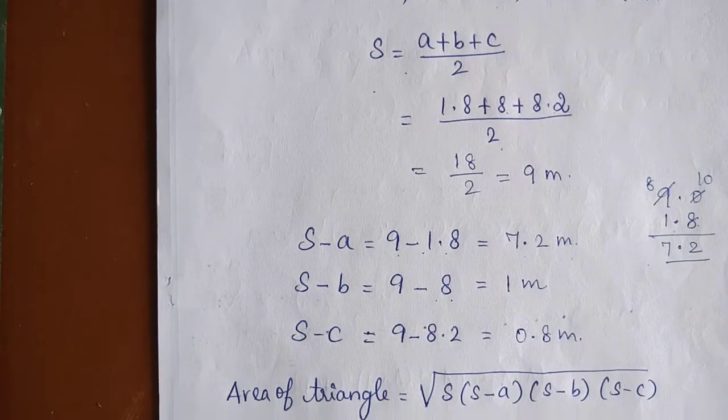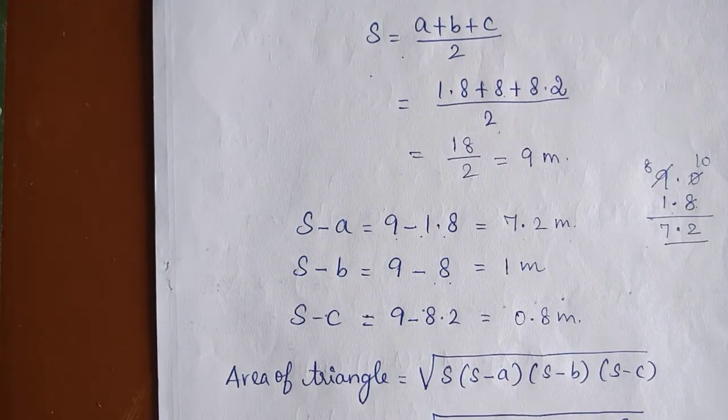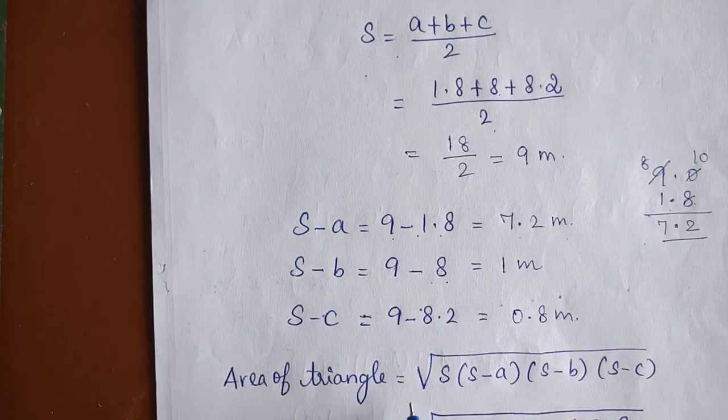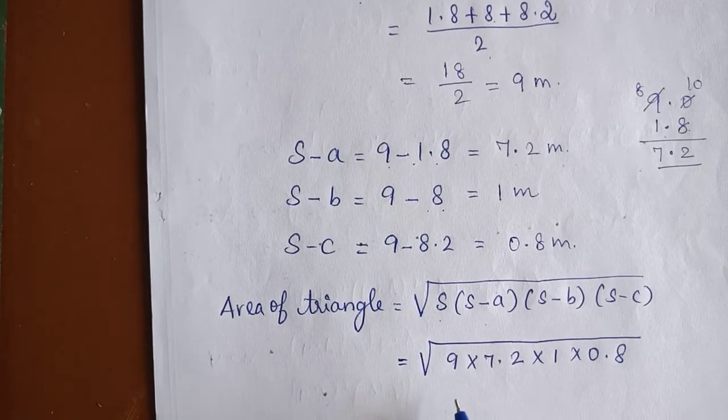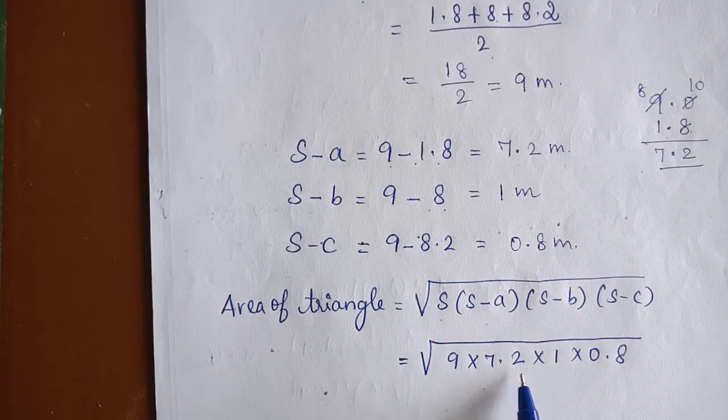The next step is to find the area of the triangle. The area of a triangle is equal to root of S into (S minus A) into (S minus B) into (S minus C), which is equal to root of 9 into 7.2 into 1 into 0.8.